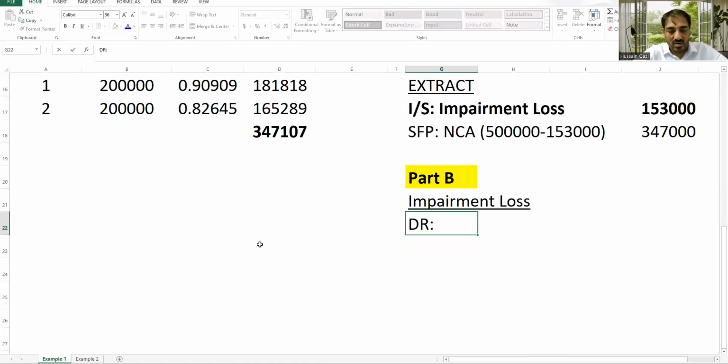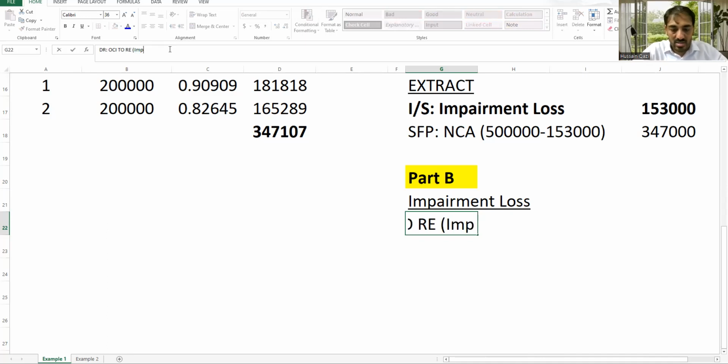If some revalued asset becomes impaired, first the revaluation reserve needs to be adjusted with the impairment loss. Whatever is in the OCI, the revaluation reserve, should be adjusted directly to the retained earnings.